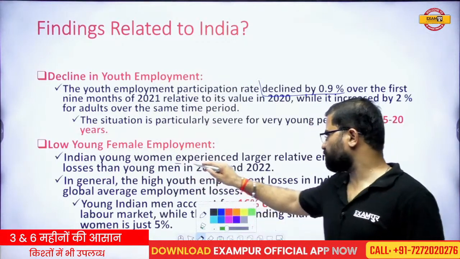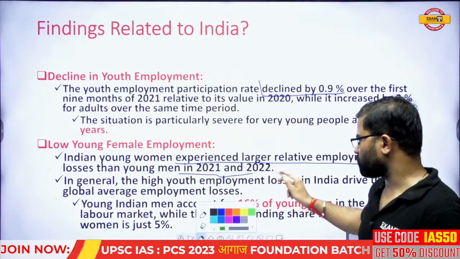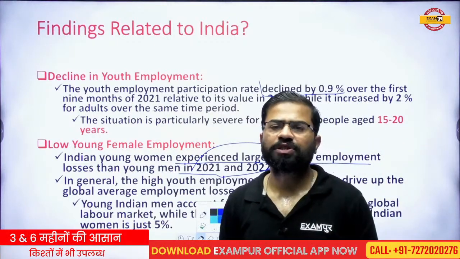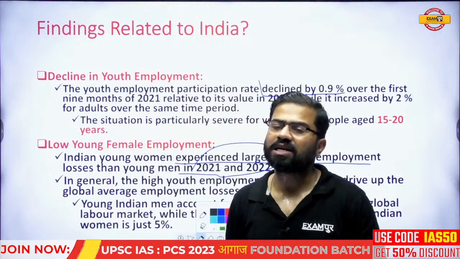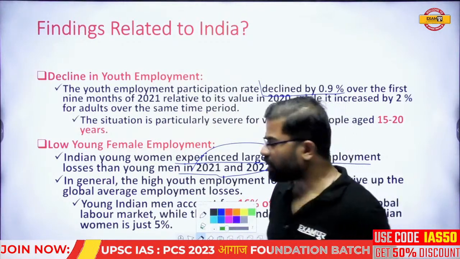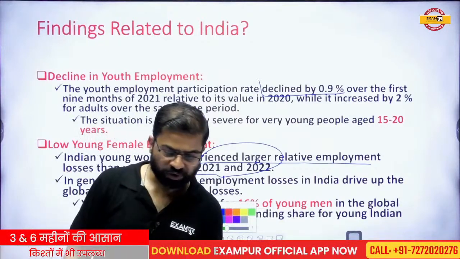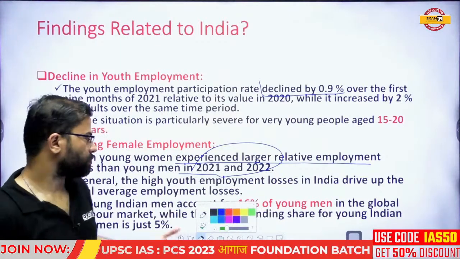Indian young women experienced larger relative employment losses than young men in 2021 and 2020. During the time of COVID-19, no doubt there were job losses for young men as well as young women. But comparatively, younger females have left more jobs than males.